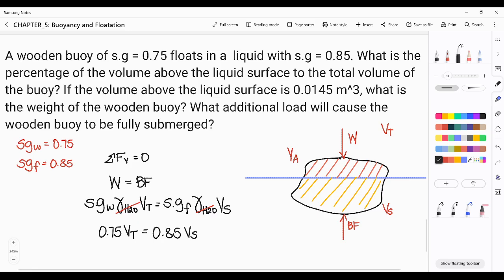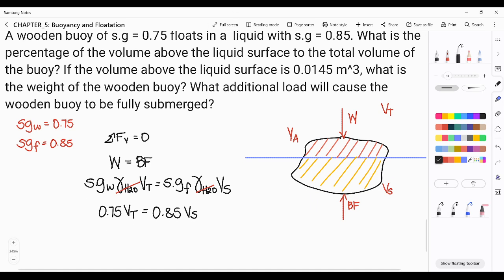And from here, we could divide natin siya ng 0.85 para makuha natin yung volume submerged in terms of the total volume. So, simply divide this by 0.85. We will have 0.75 over 0.85 times VT. So, ang VS natin is yung volume submerged.